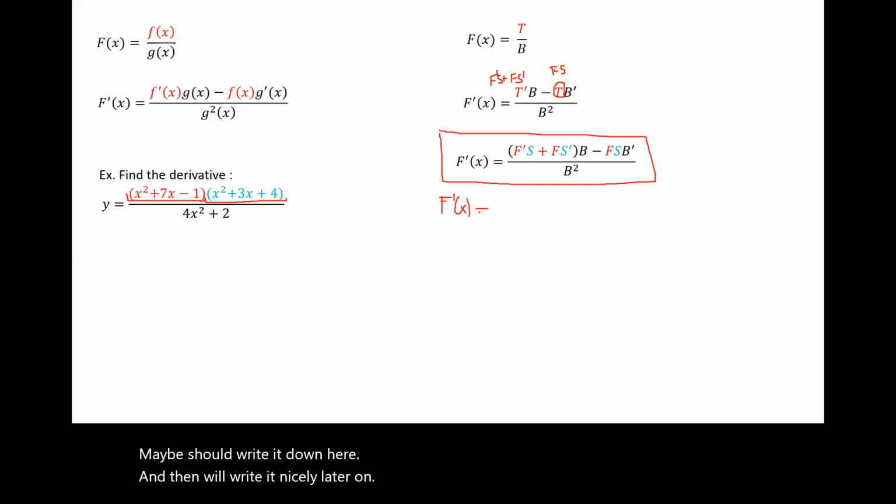So what did we say? Derivative of first was 2x plus 7, multiplied by the second term, x squared plus 3x plus 4. So that's derivative of first times second plus first, x squared plus 7x minus 1, derivative of second, 2x plus 3.